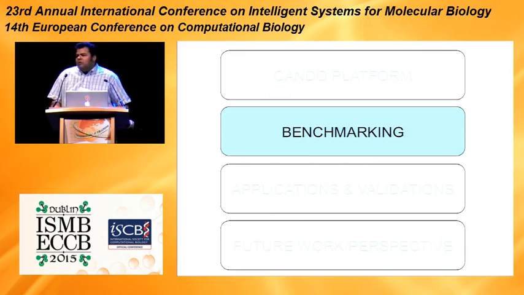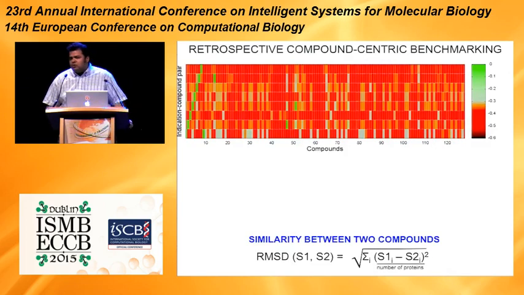So from a benchmarking perspective, we took all the diseases out there which had at least 2 FDA-approved compounds, and then we asked the question: if we remove one of those compounds every time, how well can we retrieve the drugs which we have removed, for all 1,400 or so diseases.